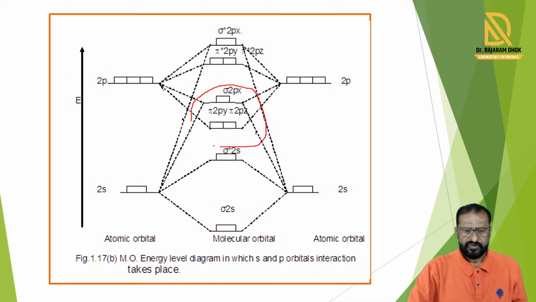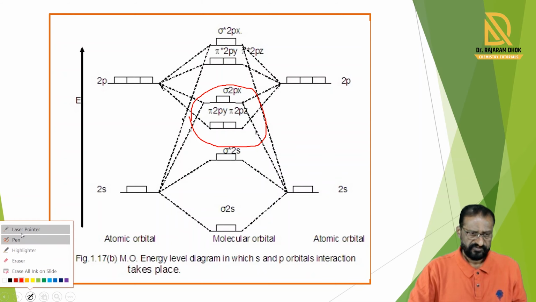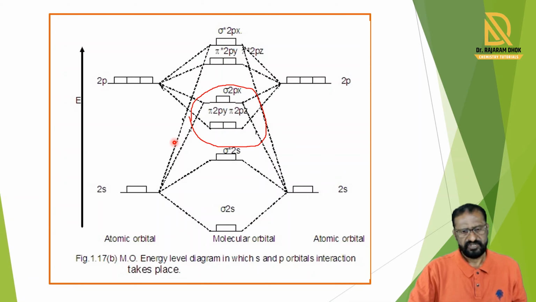So only these two molecular orbitals, their sequence is changed. So in the previous diagram we have seen sigma 2px is lower and pi is upper. In case of lithium, beryllium, boron, carbon and nitrogen, here pi orbitals have lower energy and sigma 2px has higher energy.